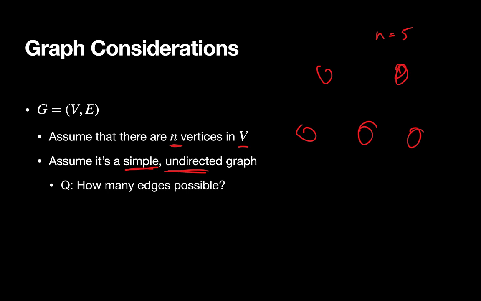And it's undirected. So I'm going to start at the node at the upper left. It can go to its neighbor to the right, and then it can also have an edge down to each of the 3 other nodes in the graph. So of my 5 nodes, the first one that I started connecting together could have a total of 4 arcs outgoing. And I can kind of repeat that process. So I'm going to go ahead and move over to this second vertex, the one on the upper right.